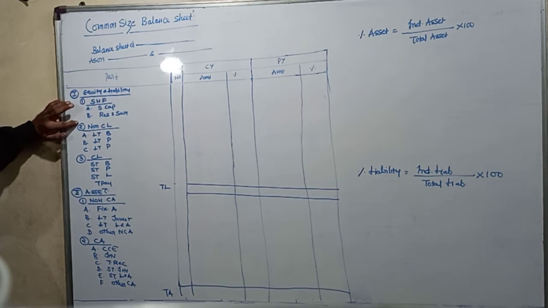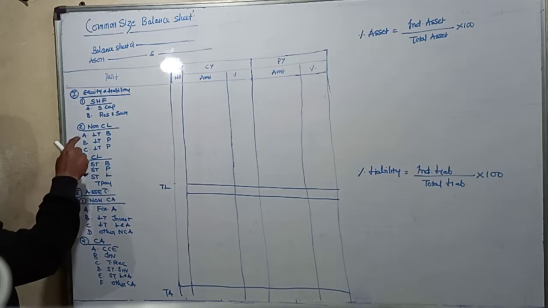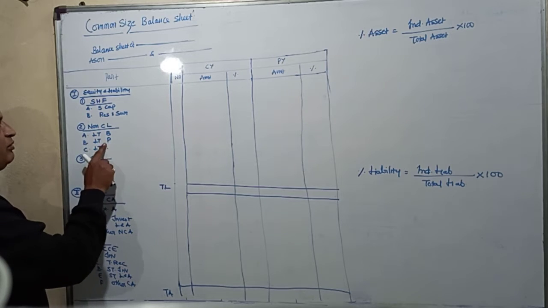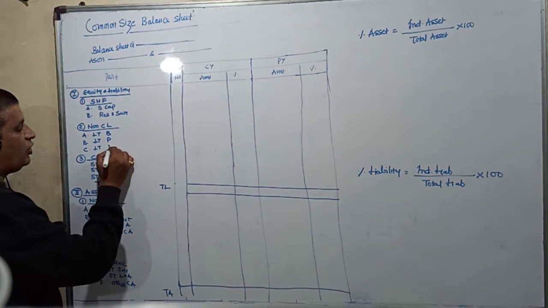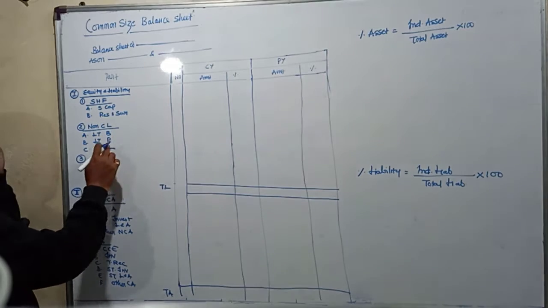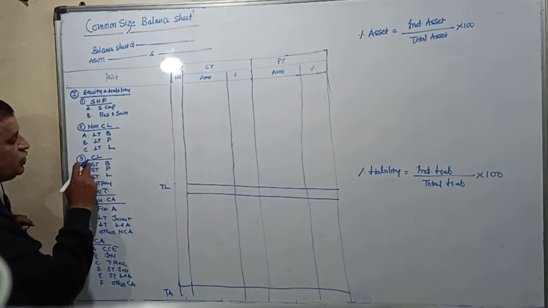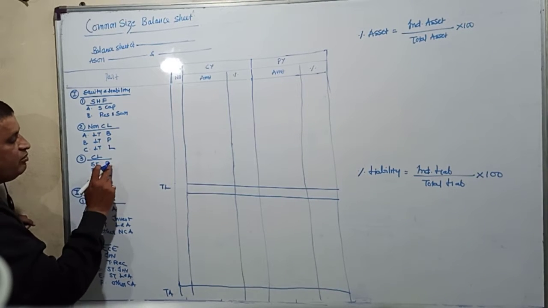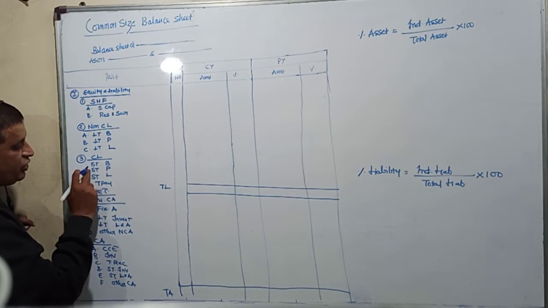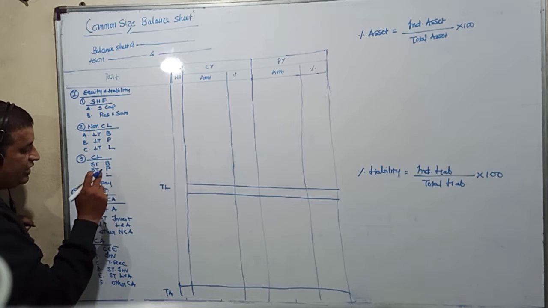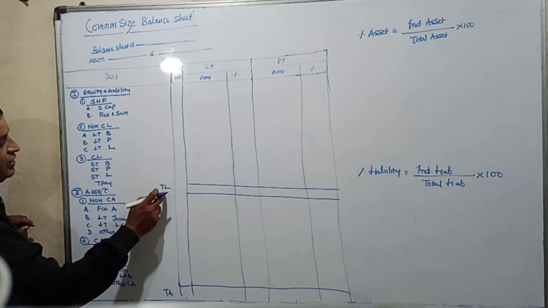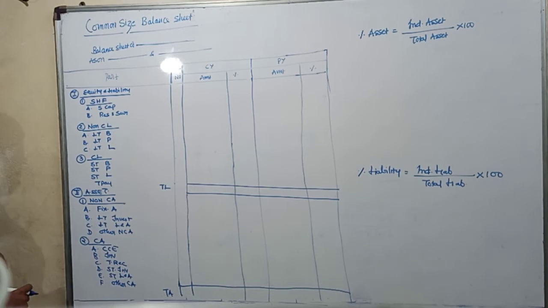Two, non-current liability, under which we have long-term borrowings, long-term provision, and other long-term liability. Three, under current liability we have short-term borrowing, short-term provision, short-term liability and trade payables. That gives us total liability.